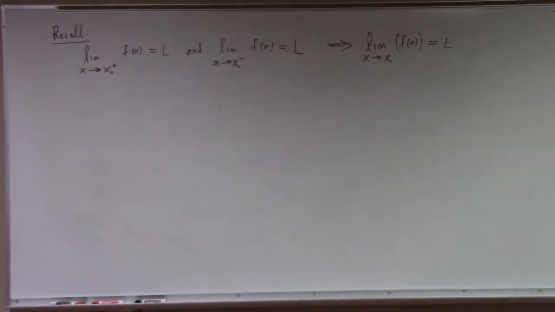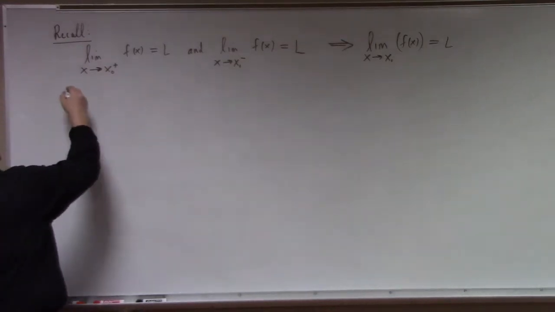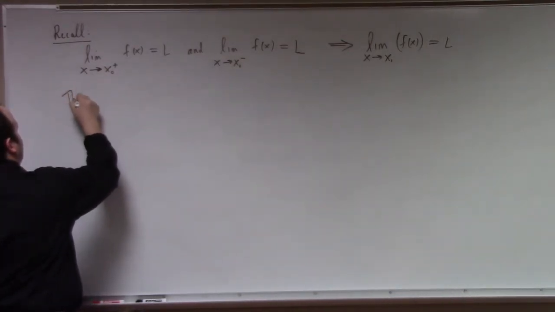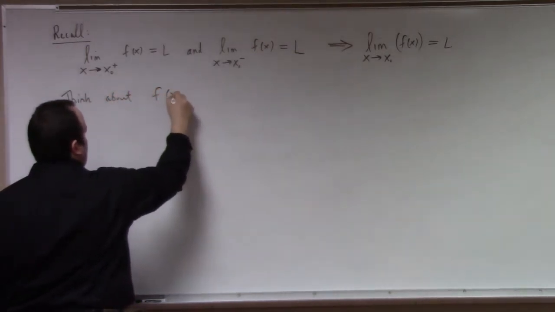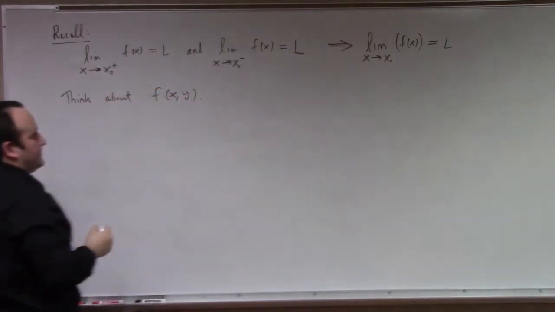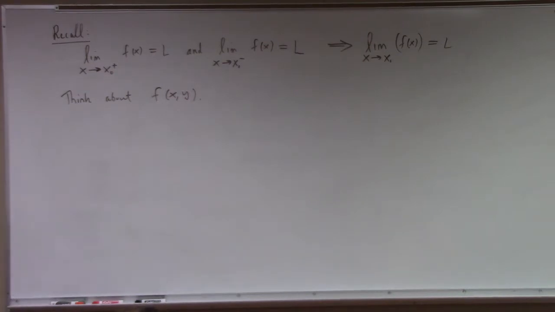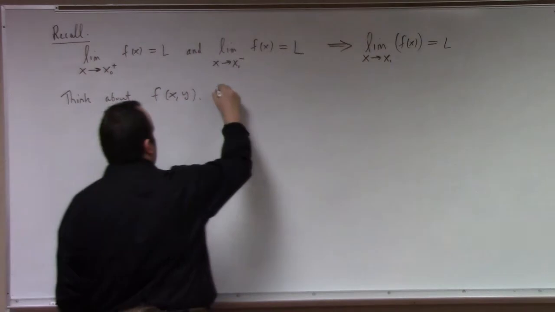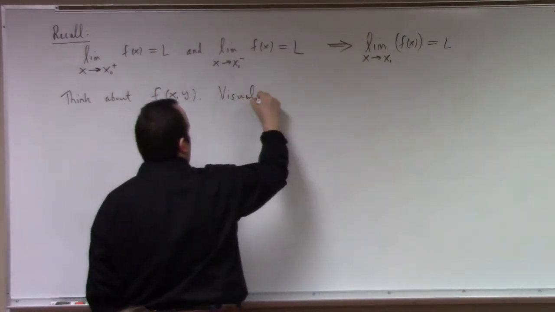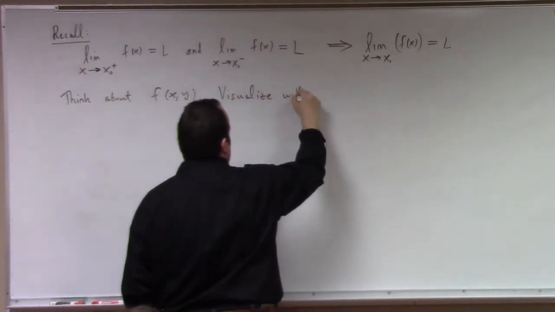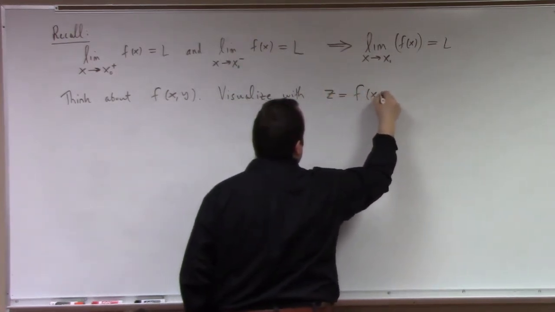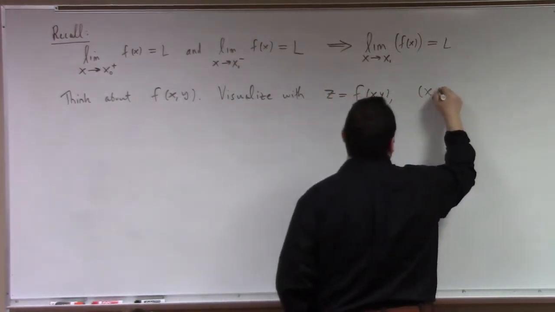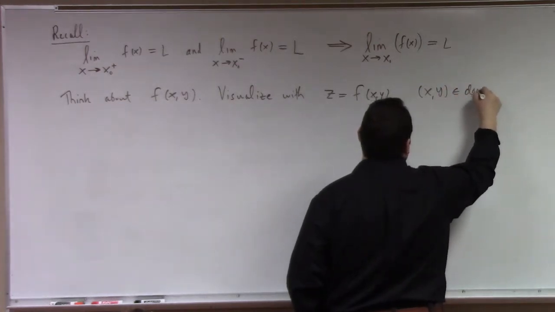Okay, great. So now let's up the ante. Let's think about functions of two variables. We can still visualize these. So visualize with a graph, z equals f of x y, for x y in the domain of f.